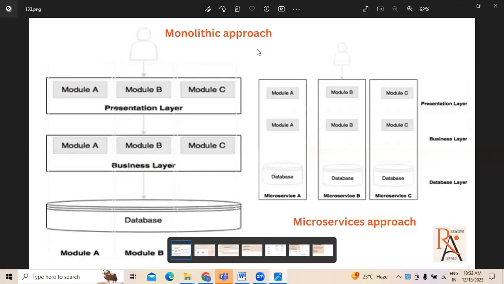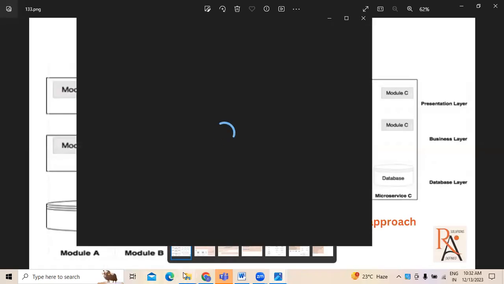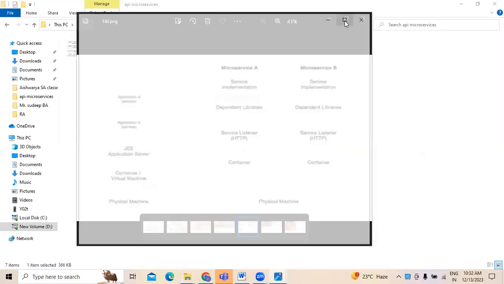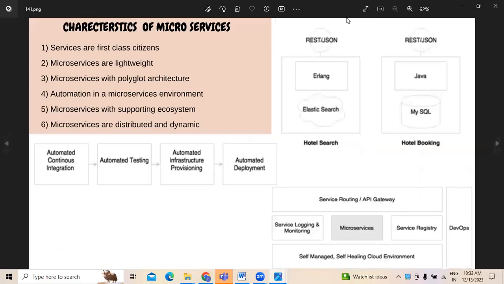Now, when we see the difference of monolithic, anyway, you know it. So when we have seen the characteristics of microservices, these are the different characteristics we can see. The first one is that services are first-class citizens, because we give highest importance to the services we are rendering for any end user.